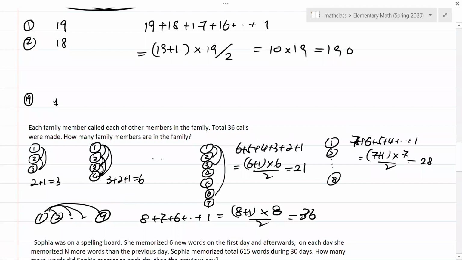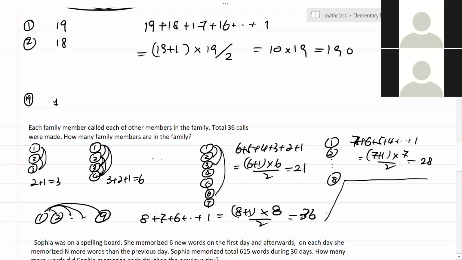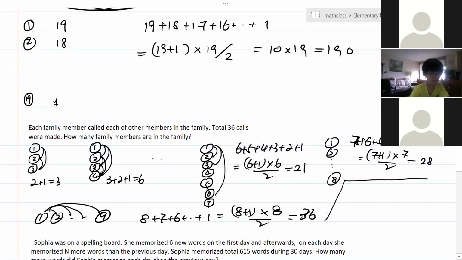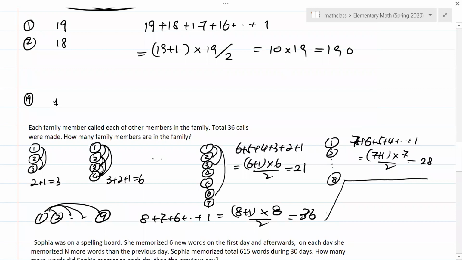Now, you can solve the equations, but that is an advanced math class. Suppose I give you a very large number, it's not easy to figure it out. Then you solve the equation: if there are k members, k minus 1 times k divided by 2 is going to be 36.